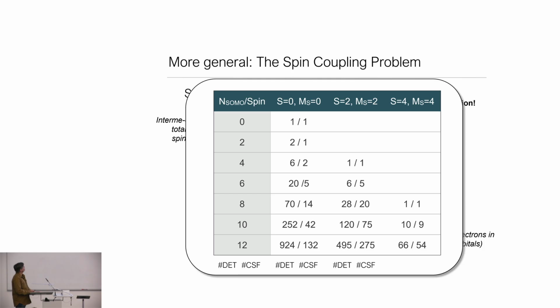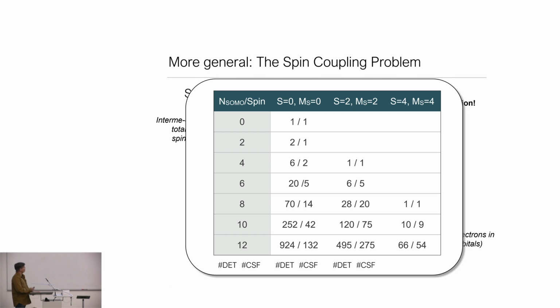And here is a little table that tells you, for a given number of unpaired electrons and a given total spin, how many determinants there are and how many CSFs, right? For example, here for 10 unpaired electrons and a total spin of 0, you have 252 determinants that all have M_S equals 0, and you have 42 possible CSFs, right?